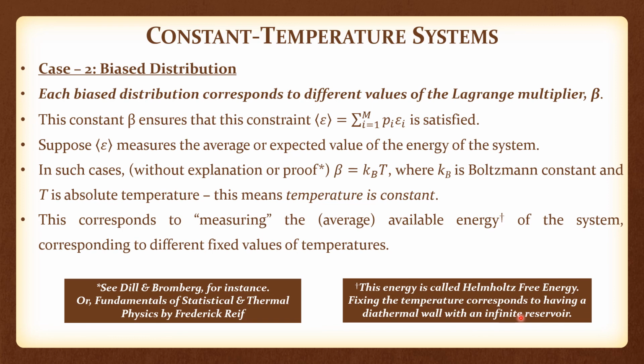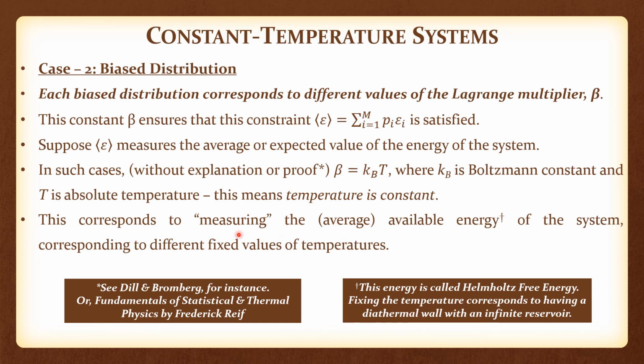So the energy content of that reservoir is so huge. Even if I kept my glass of hot water, and this glass of water loses energy to the environment, the temperature of the environment is not going to be appreciably perturbed at all, and the glass of water will go from the hot water that it was to the ambient temperature, and the surface of the water that is exposed to the atmosphere is a diathermal wall.